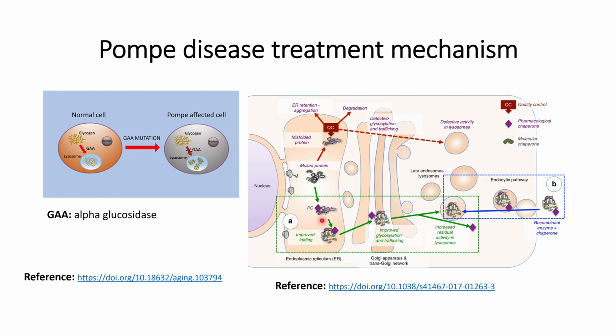These pharmacological chaperones will help that mutated protein to get improved folding or to acquire a native structure in such a way that it will be passed by the quality control mechanism, UGGT1 or UGGT2, and then move further towards the Golgi apparatus for further, or improved, glycosylation.